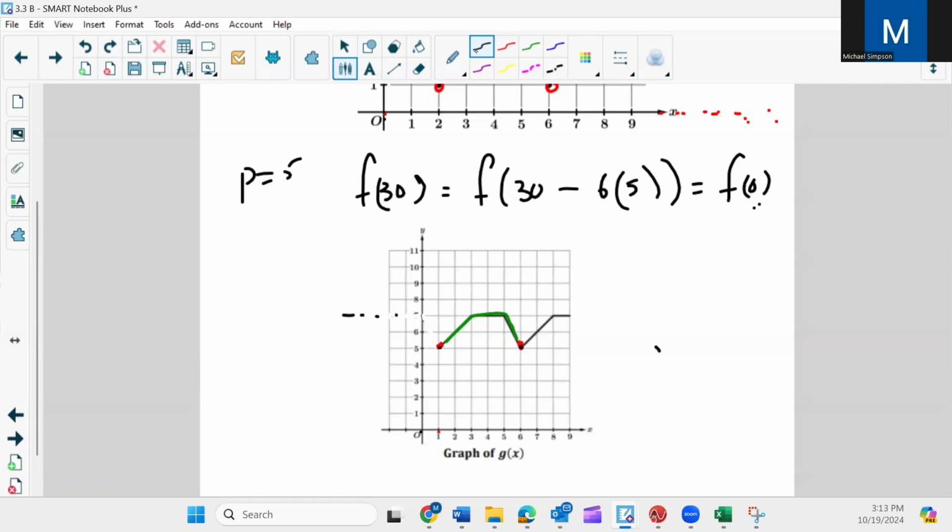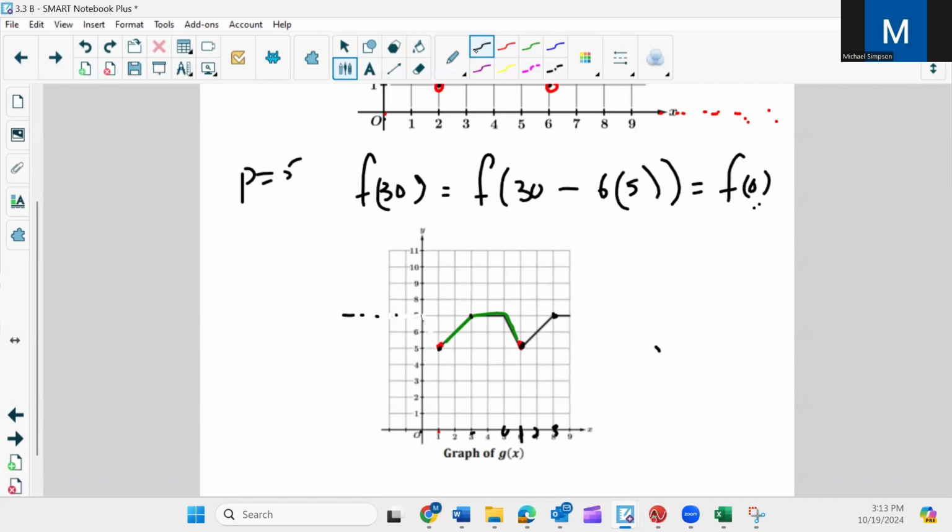If I call this point in the graph 1, and I go backwards, then this is 0. If I go forward, this is 2, this is 3. And if you notice, this point at 3 is the same as this point right here.